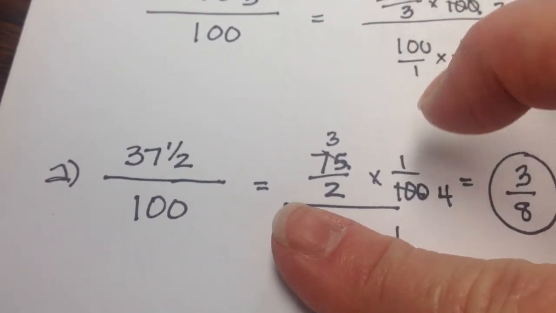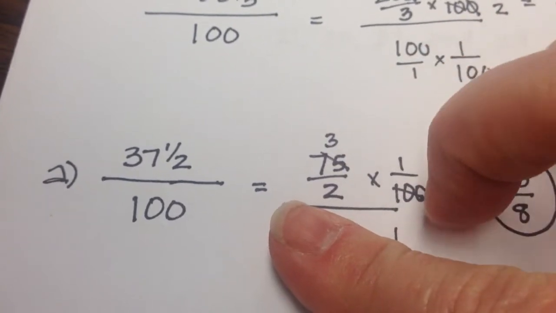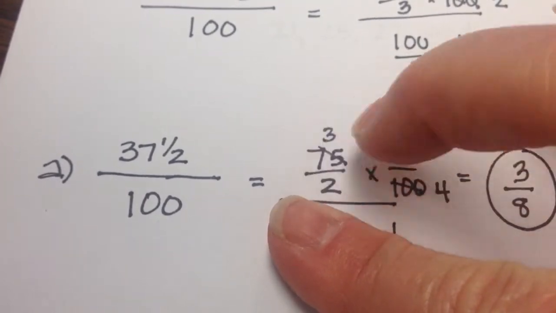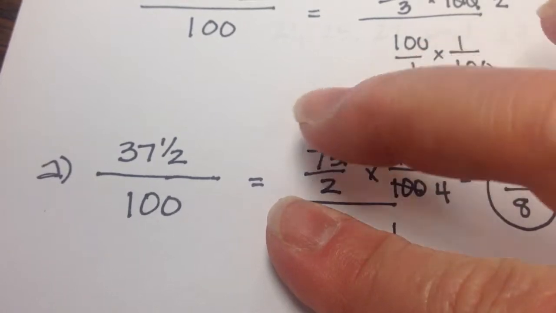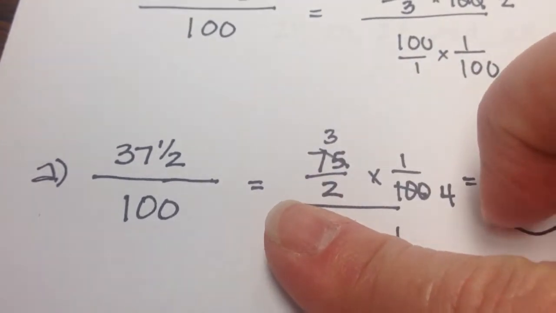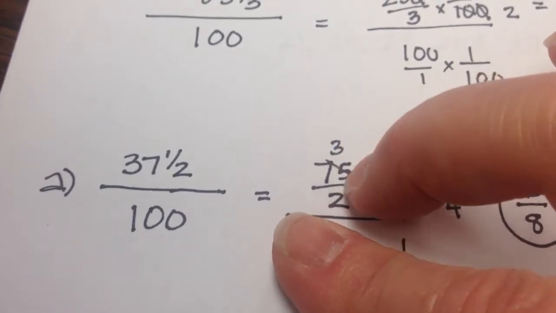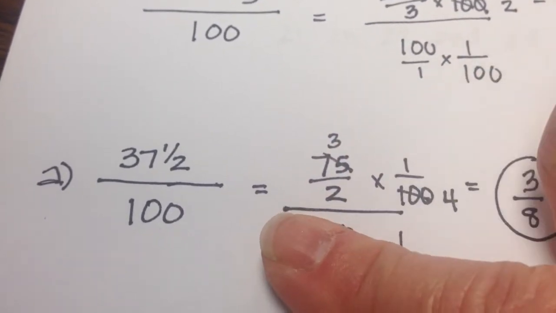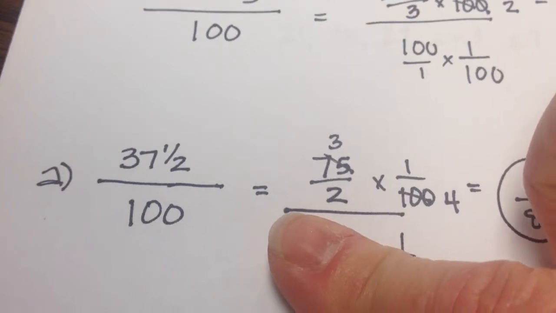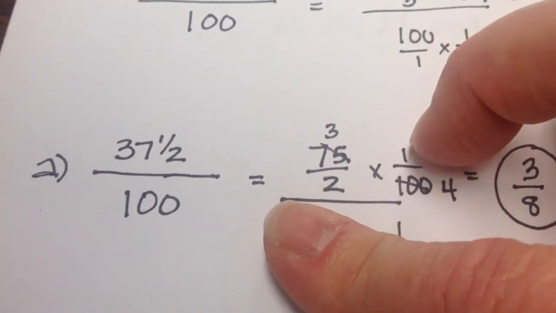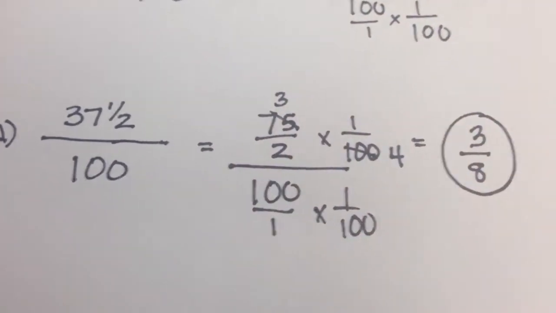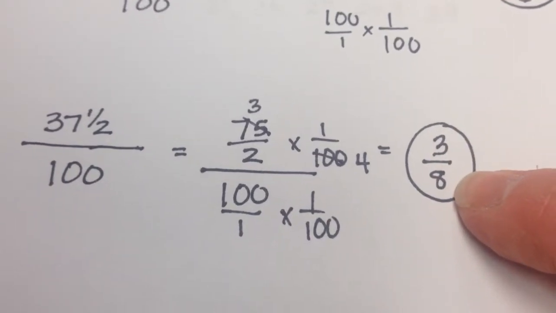Just got rid of that. Have to multiply this 1 over 100. Now, what can go in this equal amount of times here? 25, right? 3 quarters would be 75 cents, 4 quarters would be $1, so 25 can go into each of those. So now I just multiply across, 3 times 1, 2 times 4, ta-da, I get 3/8.